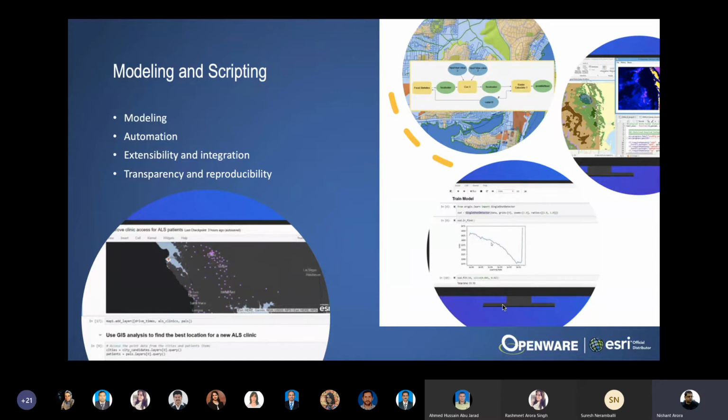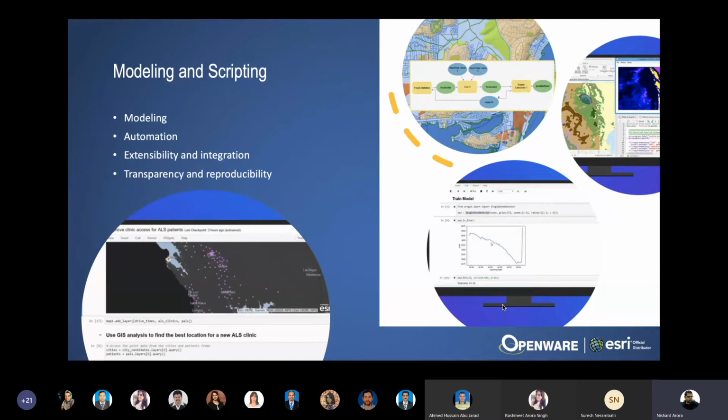We can add new functionalities to ArcGIS using Python and integrate with other data science modules and packages to solve any problem. It helps us in saving time on tasks, minimizing errors, and iterating on our analysis more efficiently.